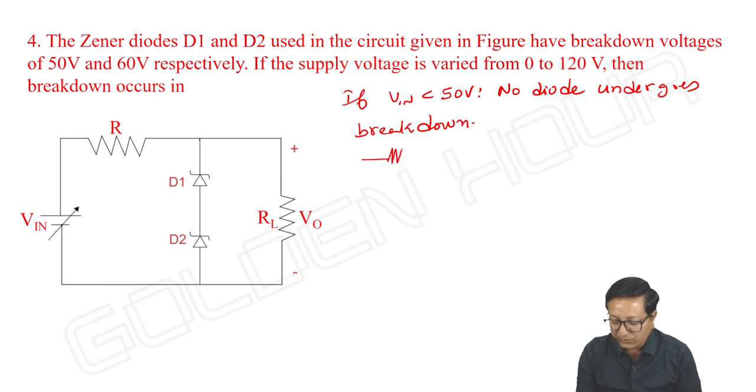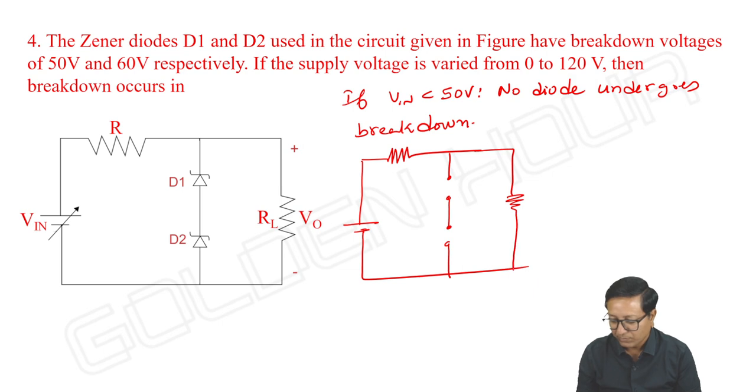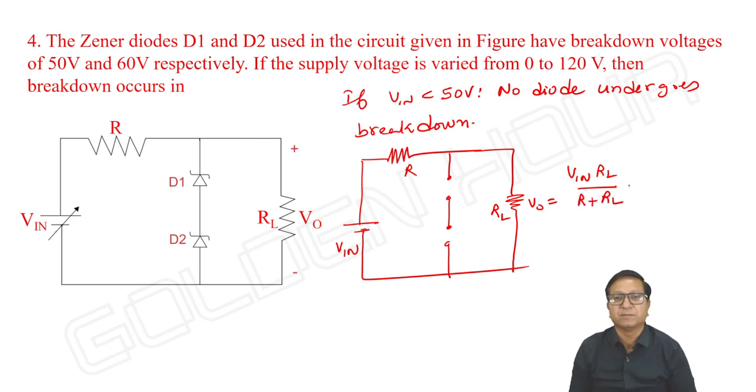Here it is open and the second one is also open. R, RL, V input. V output is V in into RL by R plus RL. So very simple statement, we know. Okay, keep it aside.